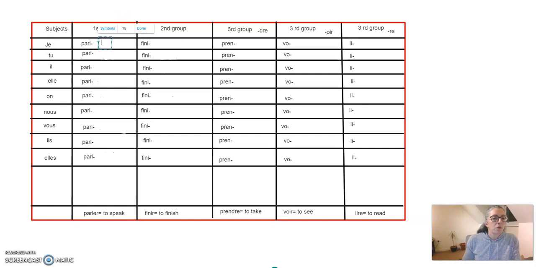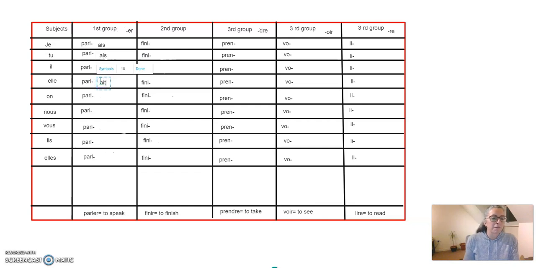So how are we going to create the imperfect tense with first group verbs? Well, it's as easy as you can get. You remove the er, which is the mark of the infinitive, and you add the ending of the imperfect tense, which is AIS, AIS, and then AIT.